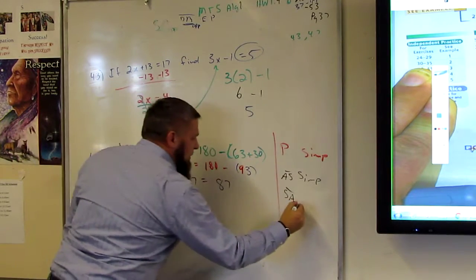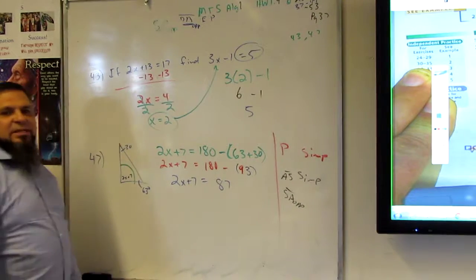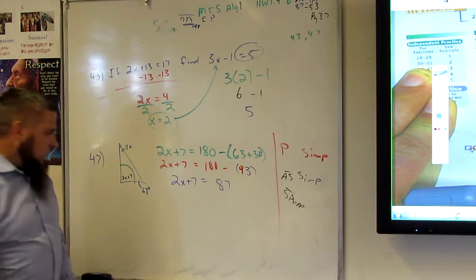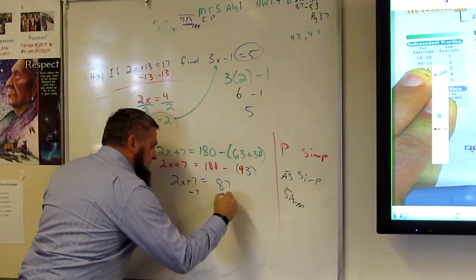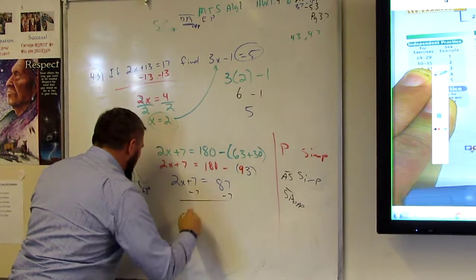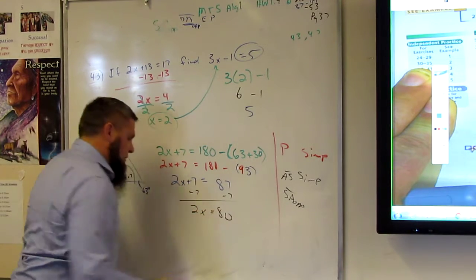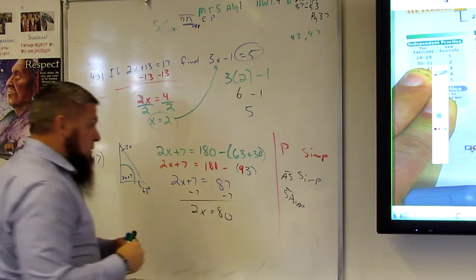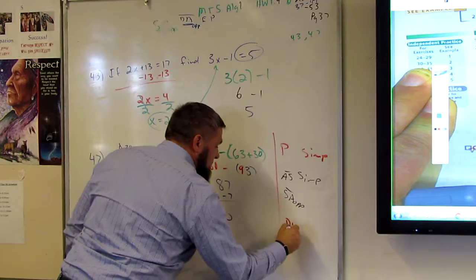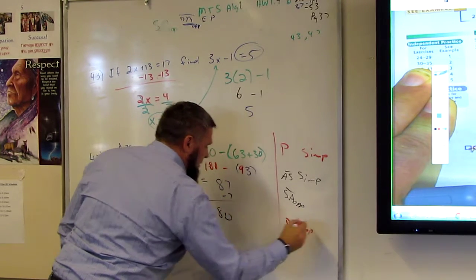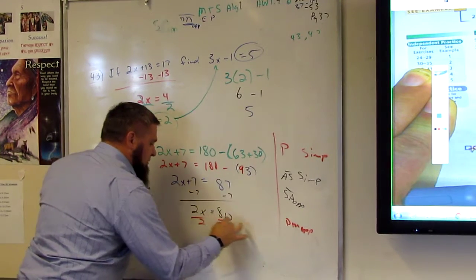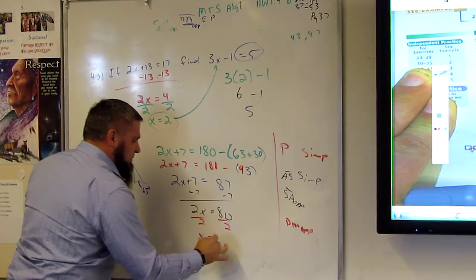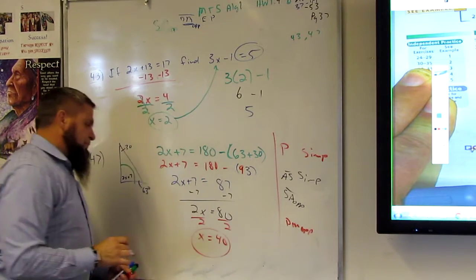So the opposite of plus 7 is minus 7. What we do to one side, we do to the other. That's it. 2x equals 80. Then what? Again, opposite. So divide by 2, and we get x is equal to 40.